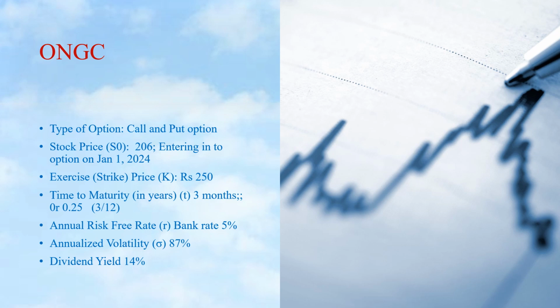Then we are going to fix the strike price at 250, that is after 3 months. At present the risk-free rate is 5%, the volatility is 87%. That means standard deviation divided by average multiplied by 100. Let us assume ONGC is giving a dividend of 14%.